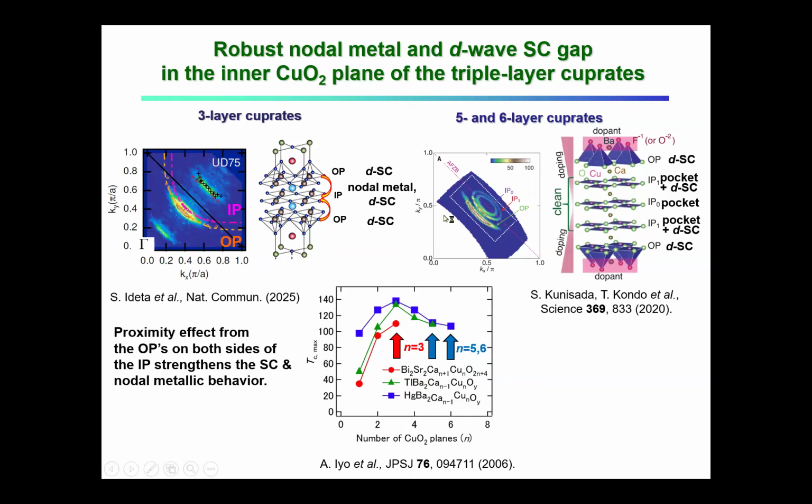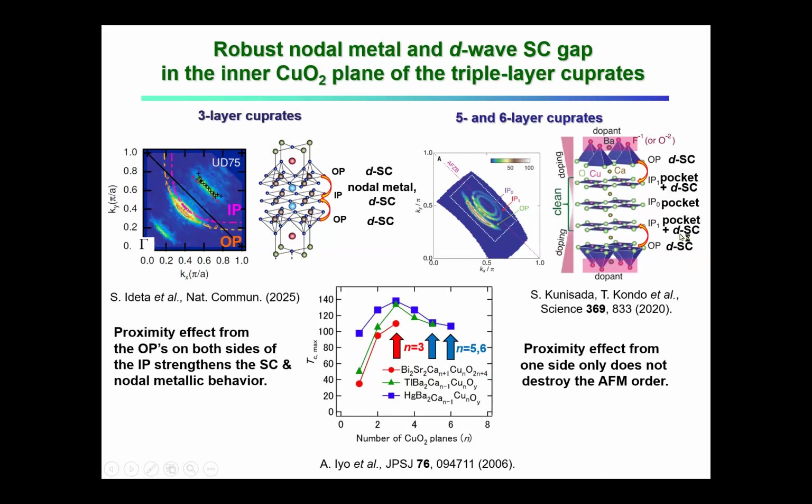On the other hand, in this 5-layer case, the central plane is not superconducting. So for this layer, the proximity effect occurs from one side of this layer.